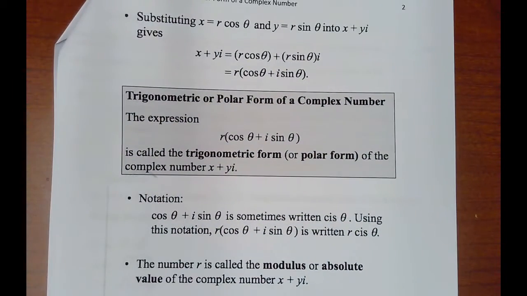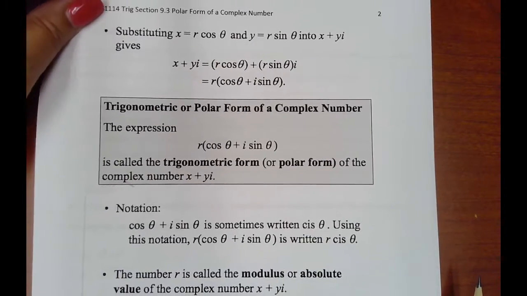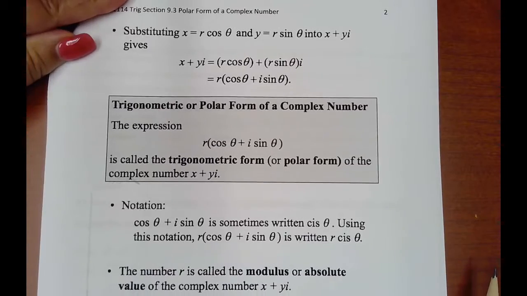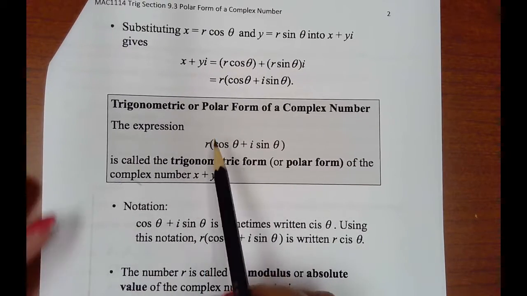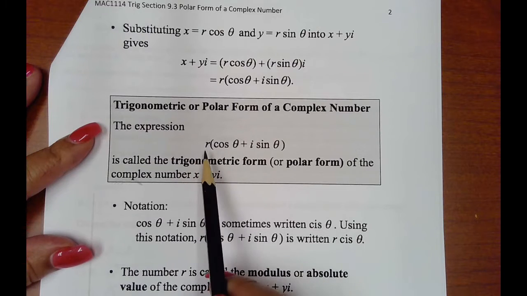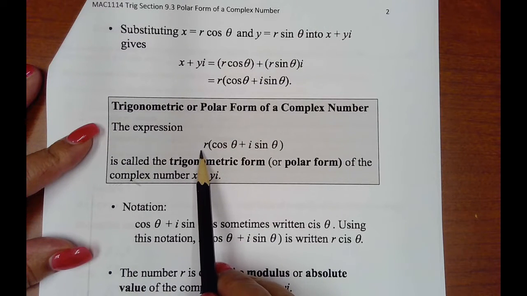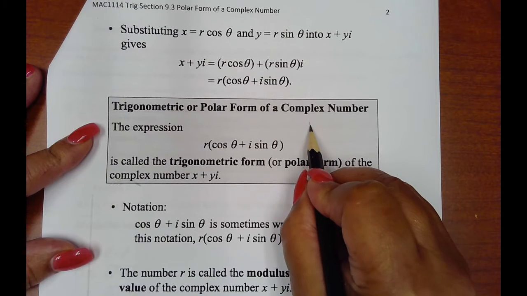Okay, now we come to what's called the polar form or the trigonometric form. It goes by either name of a complex number. When you're putting something in trigonometric form or polar form, you're going to find the r value, and that will be the coefficient of your polar form complex number, and then you're going to find theta. So how are you going to find r? Again, from the formulas right on the previous page.